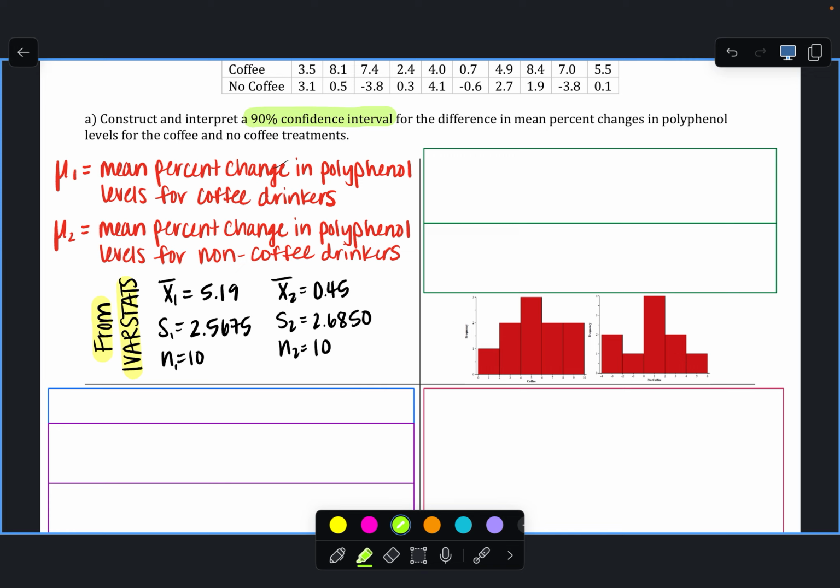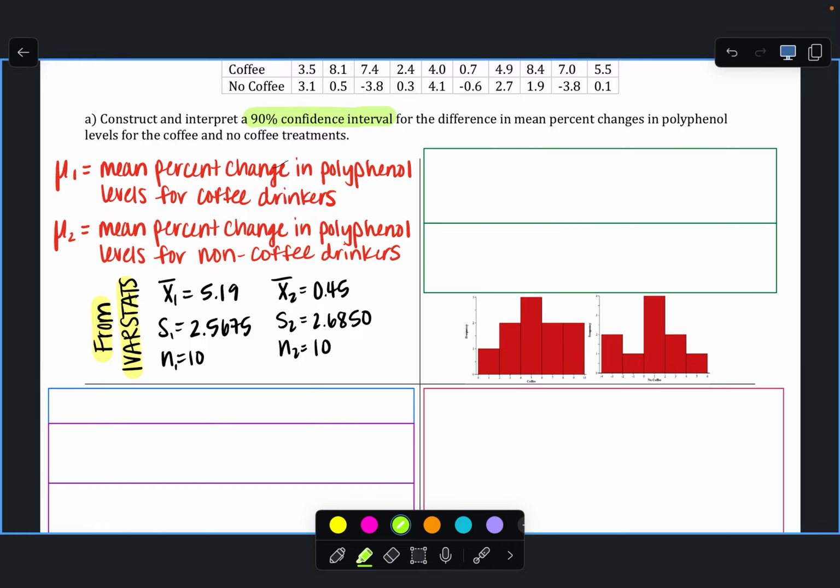I know it looks a lot like, if I see this table of data, I should be subtracting them. I should be looking at one sample, making it a matched pairs. But the values that I have don't necessarily reflect one person doing both the coffee and the no coffee, or us saying that we found two people who were very, very alike or who had a natural pairing. We do not have that. So because of it, that's what makes it two sample.